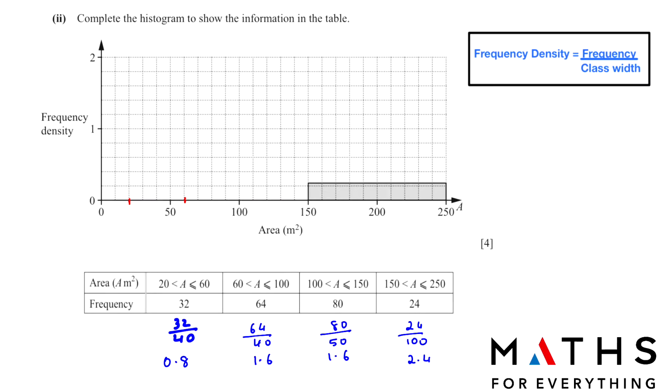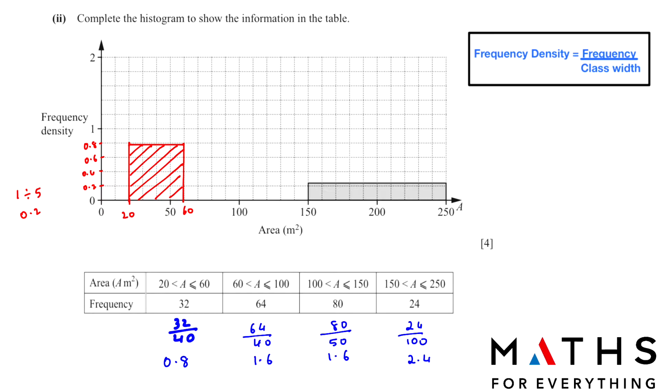On the vertical axis, the frequency density, we have to mark 0.8. There are 5 grid lines here, 1, 2, 3, 4, 5. So 1 divided by 5 is 0.2. Each grid line is 0.2, so 0.4, 0.6, 0.8. Mark it here and draw this. We are done with the first bar.